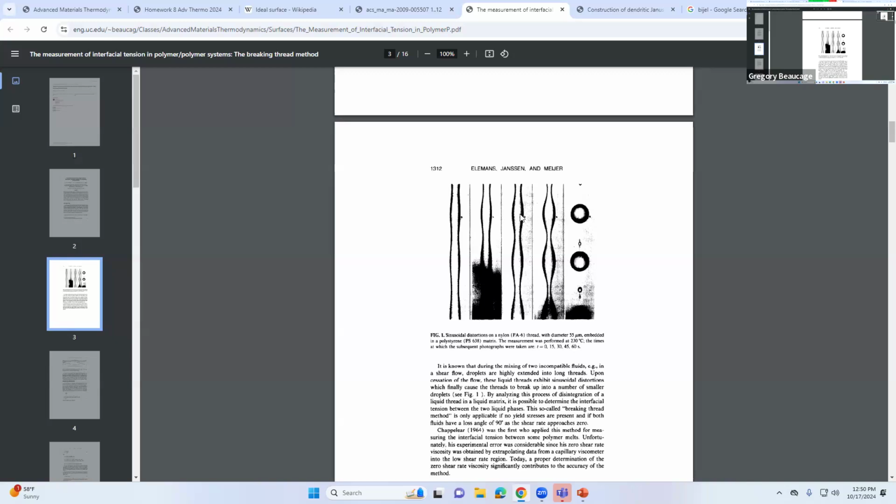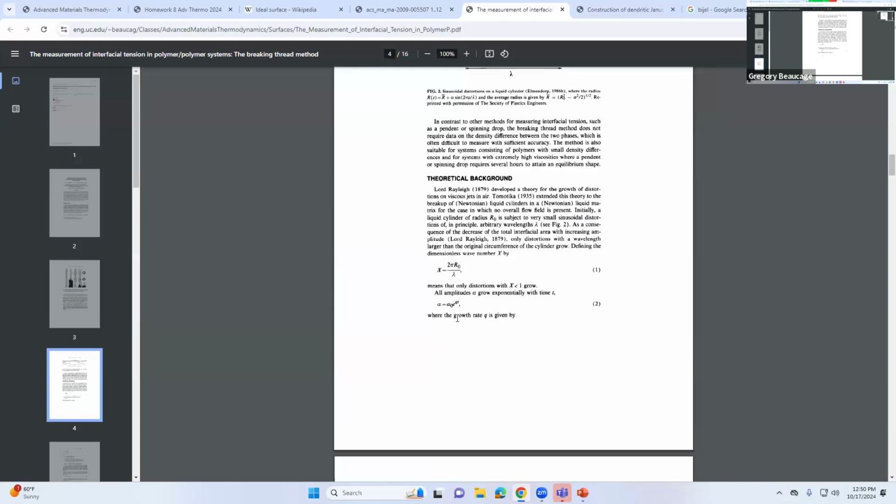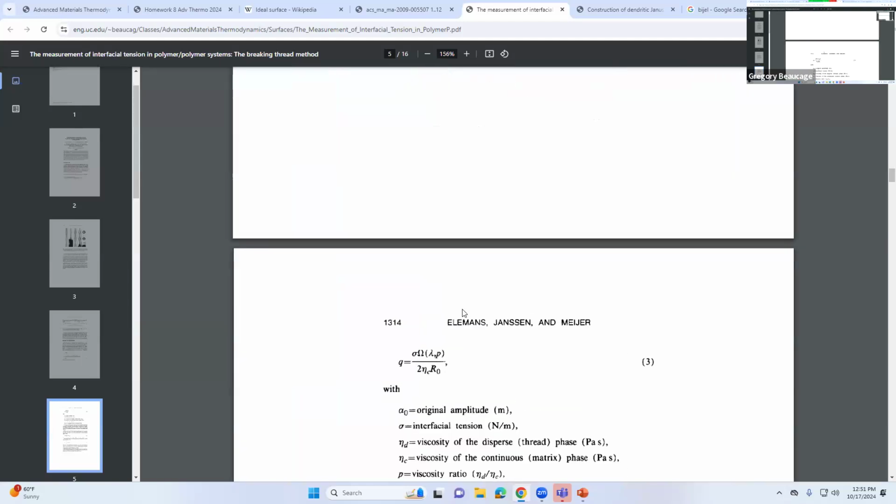The time dependence of that growth is driven by the surface tension, and it's also mitigated by the viscosity of the fluid that's in here. So basically, there's going to be an equation where A is a function of A0. So A by A0, the ratio, is an exponential of this Q times T. Let's see if I can open that up there.